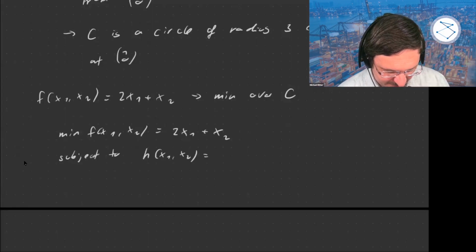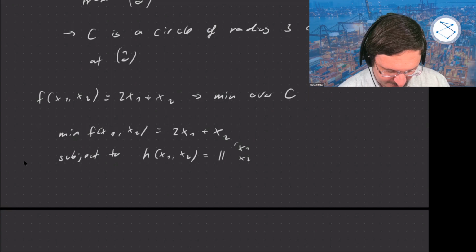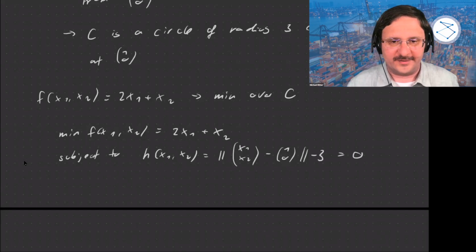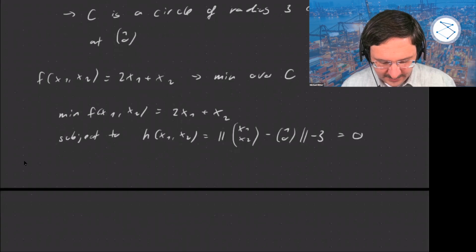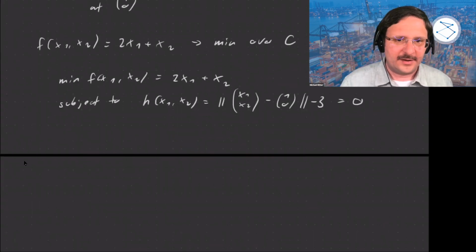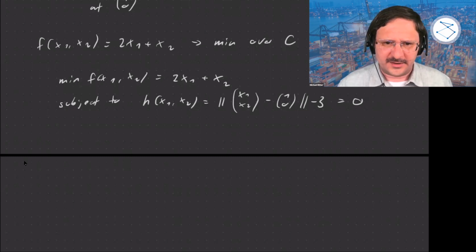And what that means is we have the function norm of the vector (x1, x2) minus (1, 0), minus 3, is 0. So we just reformulate that to have a right-hand side of 0. And of course, we can also write that norm explicitly. That would be a square root. And it usually helps to avoid square roots.